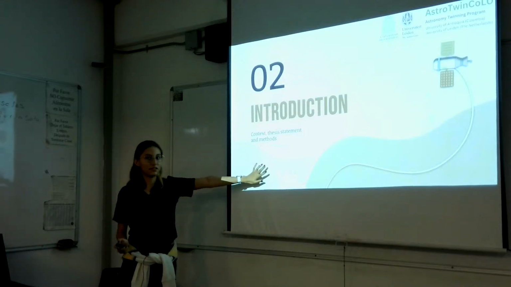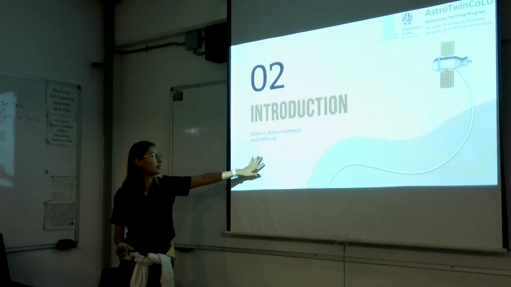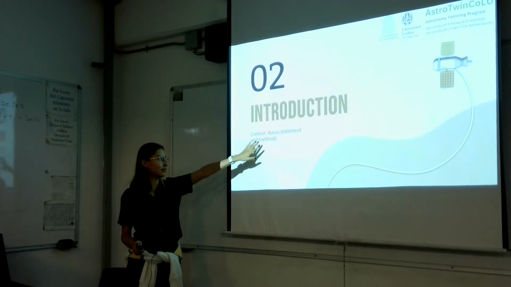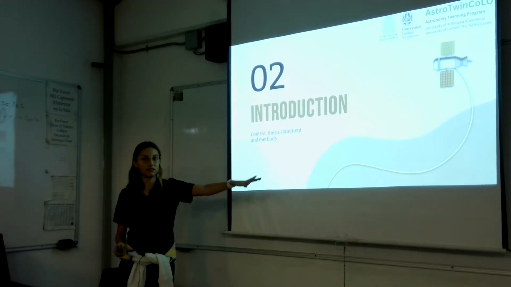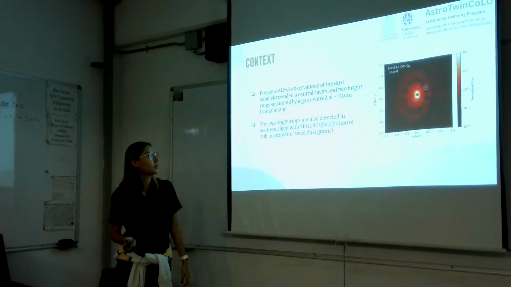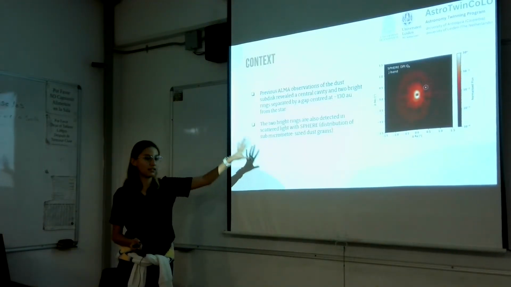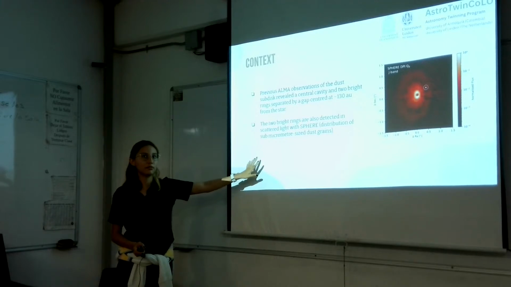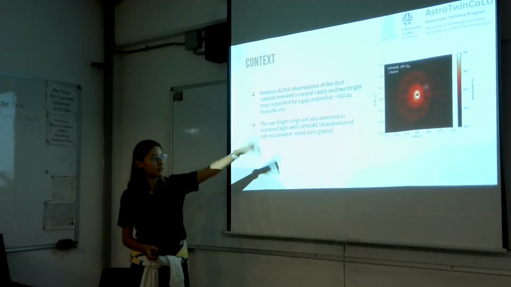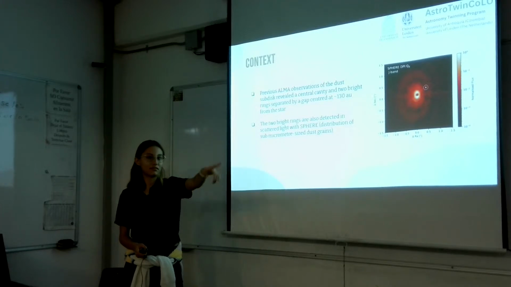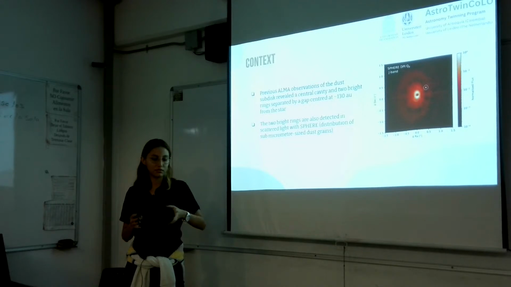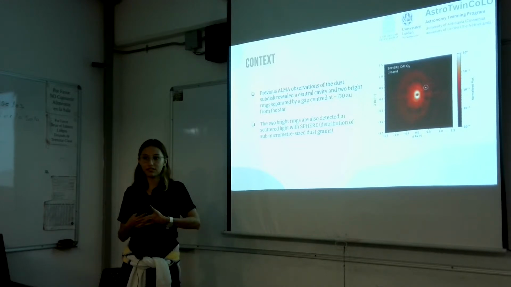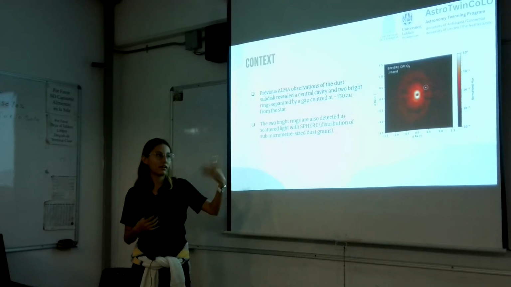And well, the summary of the article, what they did. I'm going to talk a little bit about the context, the thesis statement they had, and the methods they used to do this. So this detection was not only made with ALMA, but with the SPHERE telescope, as my classmate said, because it is needed to confirm these observations in UV and X-ray.